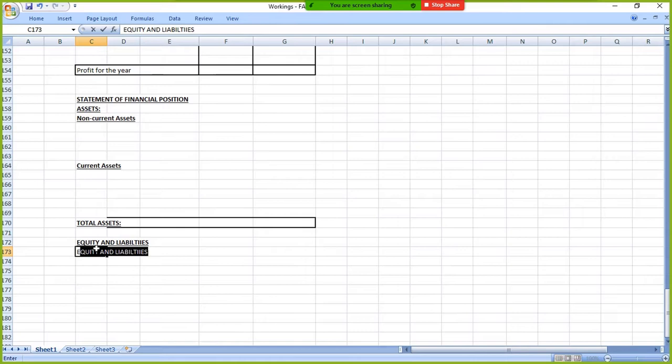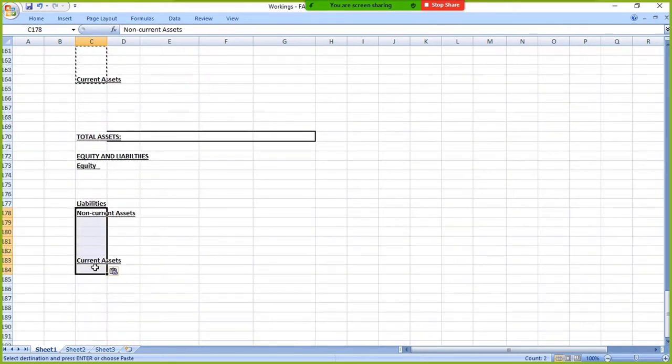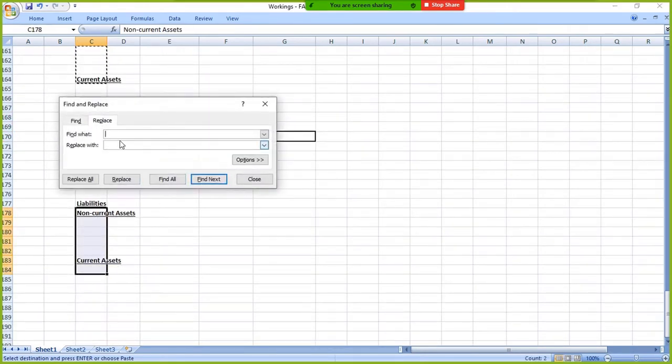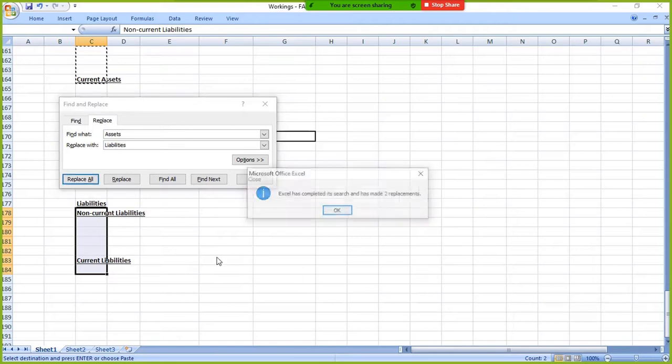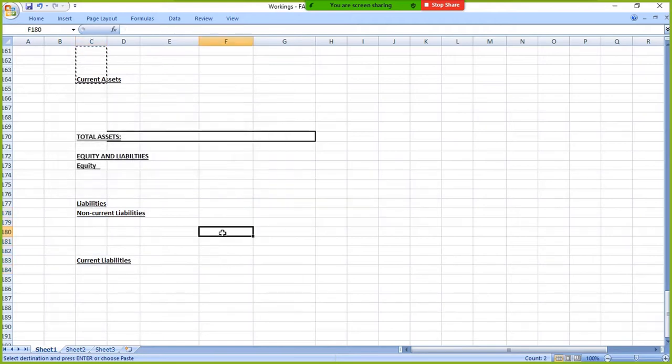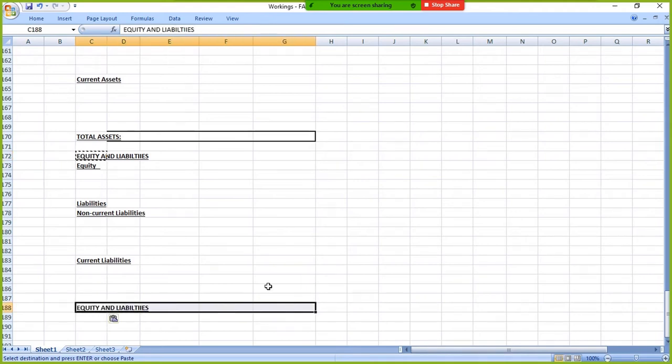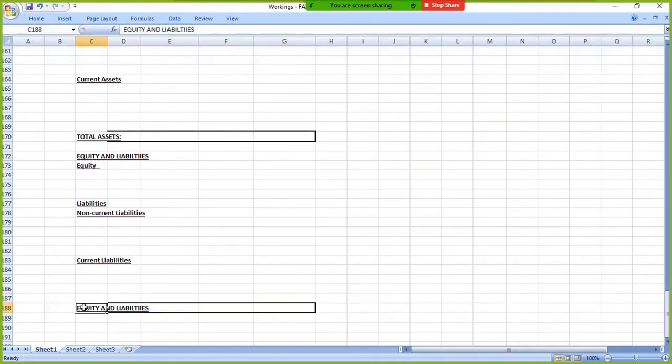Equity here, liabilities there. Under liabilities, you'll also have non-current and current. And then you'll have total equity and liabilities at the bottom as a total again.